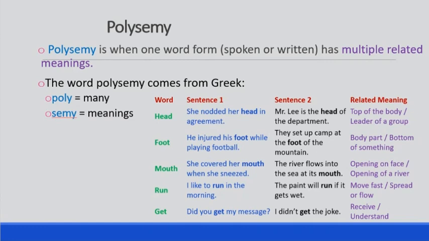And foot: he injured his foot while playing football, and they set up camp at the foot of the mountain. So the first foot means a body part, and the second means the bottom of something. Okay, you can read the rest for more understanding.